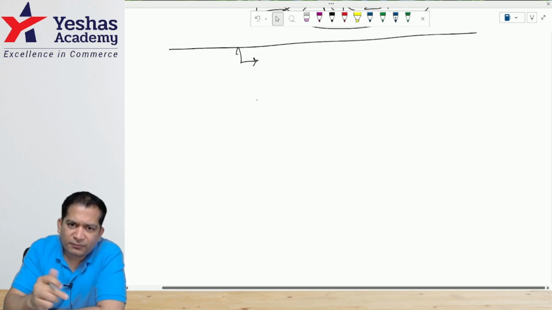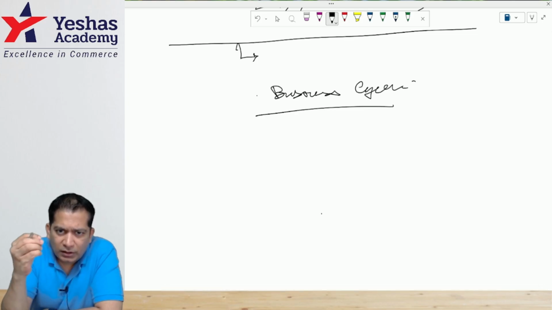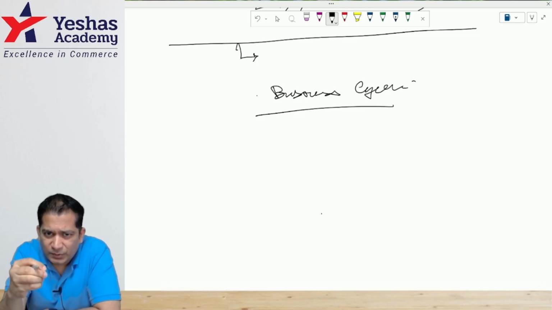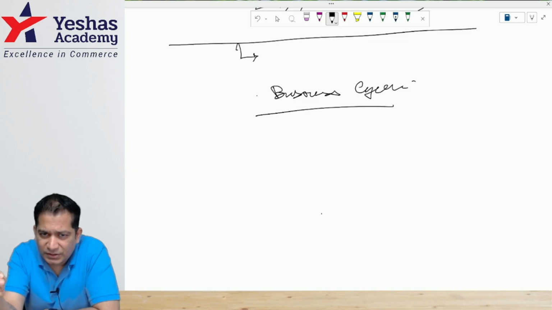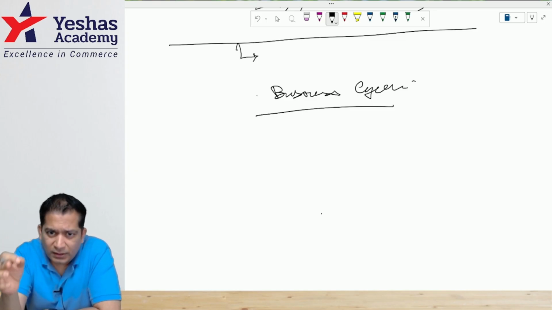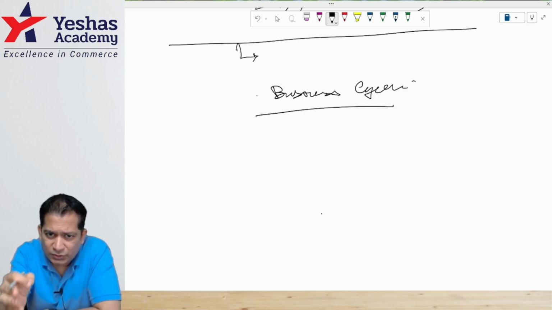When you go to chapter 5, that is business cycle, please focus on the characteristics of the business cycle, also the different components: expansionary stage, contractionary stage, peak and trough, reasons for the business cycle, causes of the business cycle, exogenous and endogenous causes.